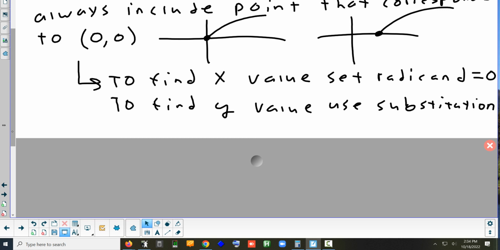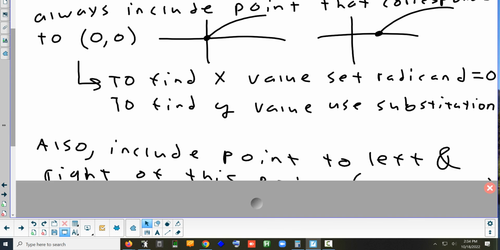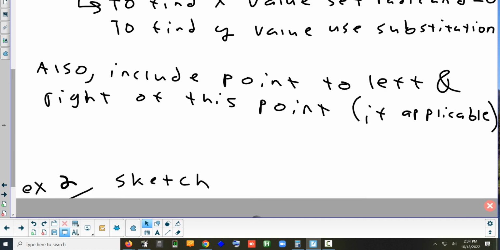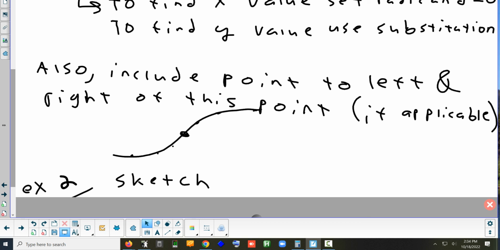So for an even root, you're only checking points on one side of the start point. It could be right, it could be left. For an odd root, we're going to check both sides. Because odd roots, if you have the center, you might get some points like this. You might get some more points like that. And then you make your sketch. So odd roots, you got to check both sides. Even roots, just one.